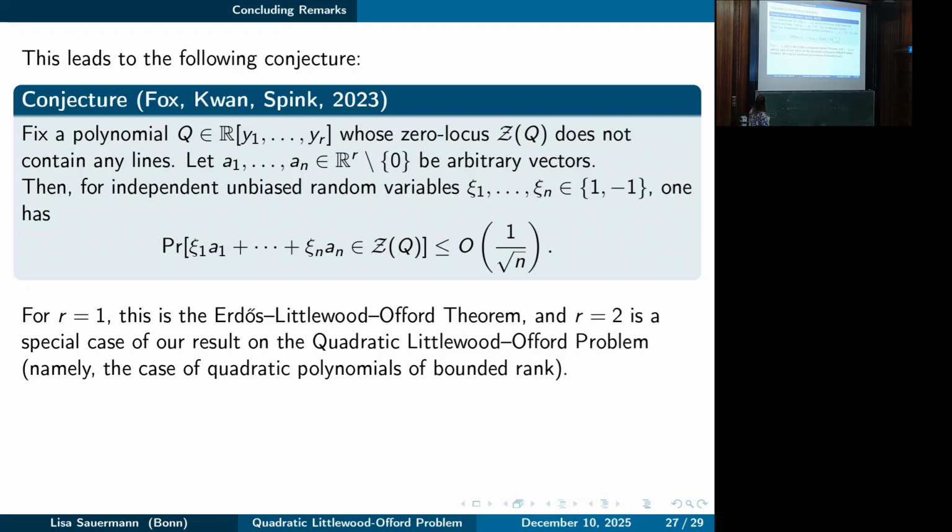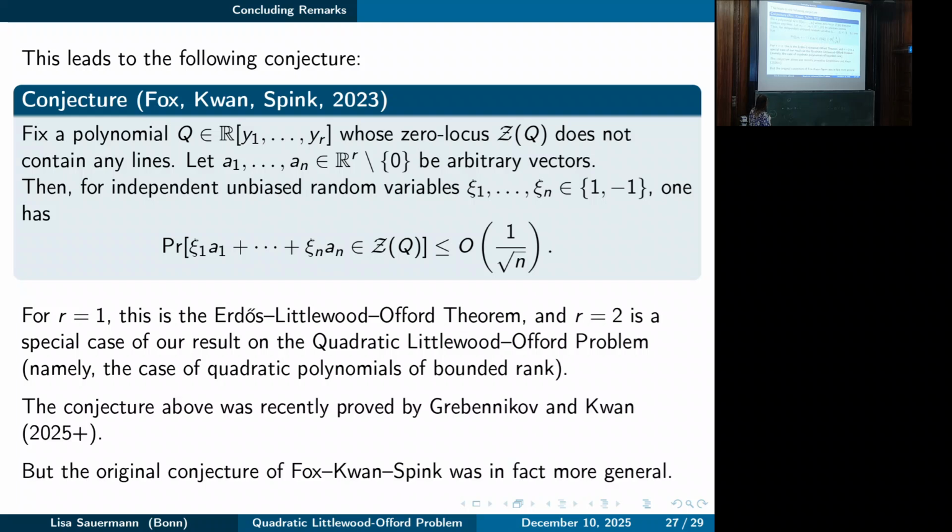For r equals 1, this is exactly the Littlewood-Offord theorem. For r equals 2, this is a special case of our result on the quadratic Littlewood-Offord theorem, namely the case of quadratic polynomials of bounded rank, which corresponds to the bounded rank case in the previous discussion.